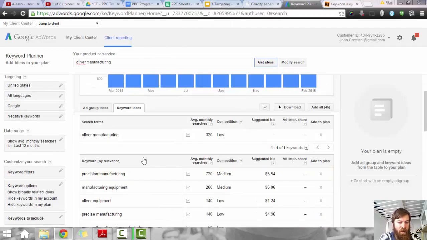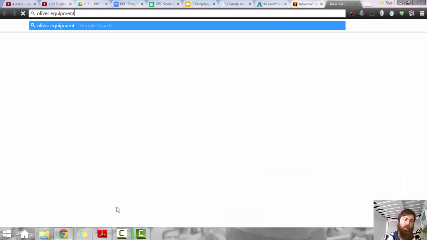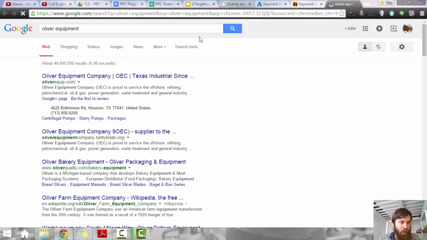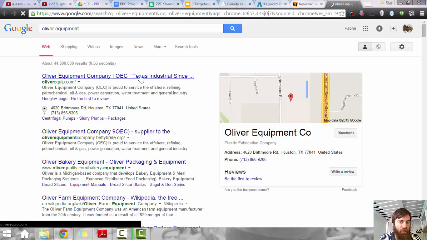So Oliver Manufacturing, Oliver Equipment. Now I don't know what Oliver Equipment is, but we might want to see, is this the same thing as Oliver Manufacturing? Oliver Equipment Company.